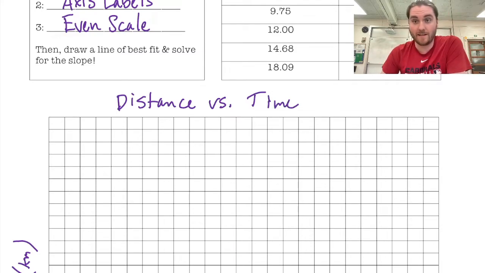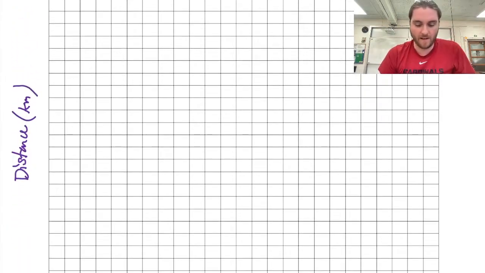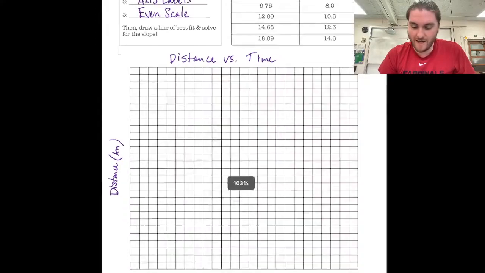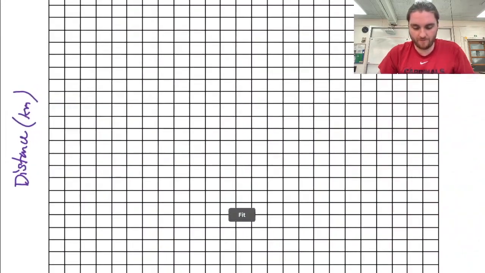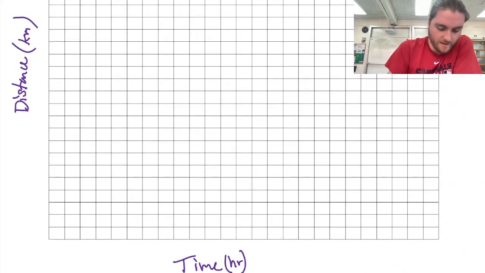I need to then decide an even scale, and here the easiest scale for myself, I think it works out nicely if I just quickly check. I think going up by ones is perfectly fine here because I'm going to use the majority of my graph. So I'm going to start first.